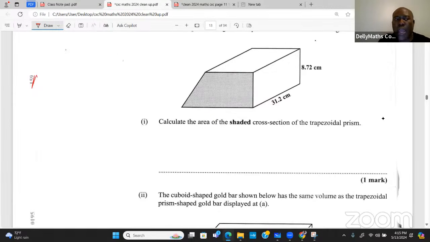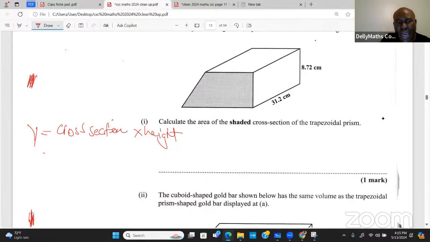Remember that volume is equal to your cross-section area times your height or your length, depending on what you're dealing with. So volume is your cross-section area times the height. In this case, the volume was given, so all we're going to do is substitute.